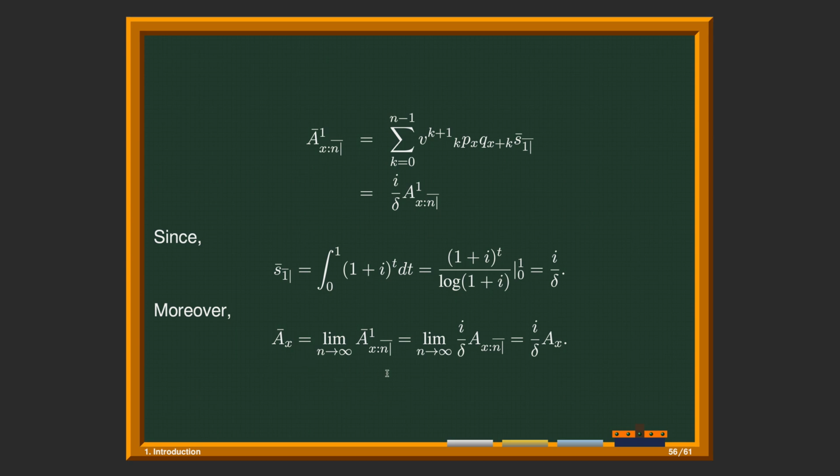We also get the same relationship if we get the corresponding relationship between the net single premium of a life insurance payable at the moment of death with that of a whole life insurance that is payable at the end of the year of death.